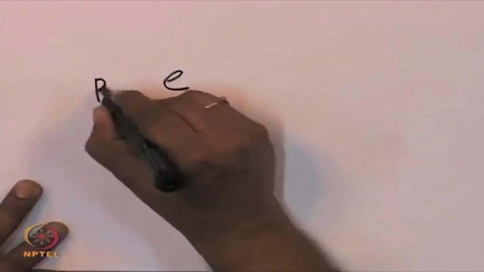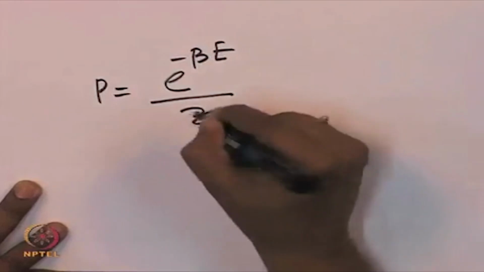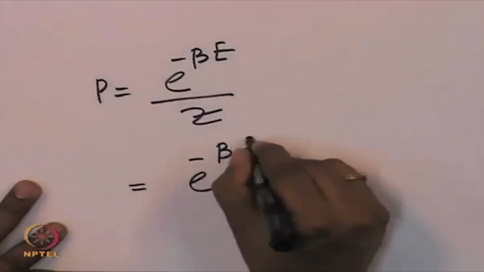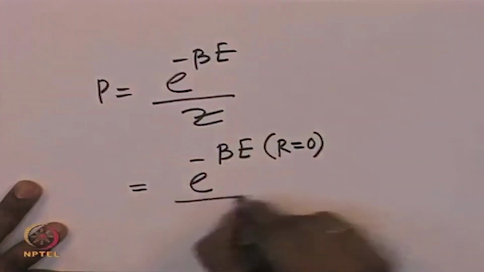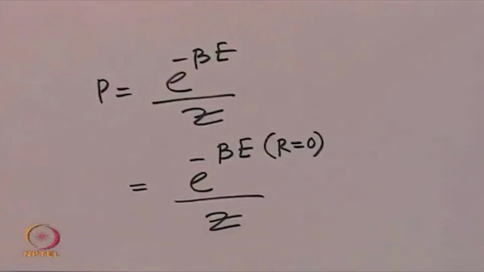We said that the probability is e to the power minus beta E divided by Z. So, we calculate e to the power minus beta energy, in such a way that r is equal to 0, divided by Z. This will give us the answer.